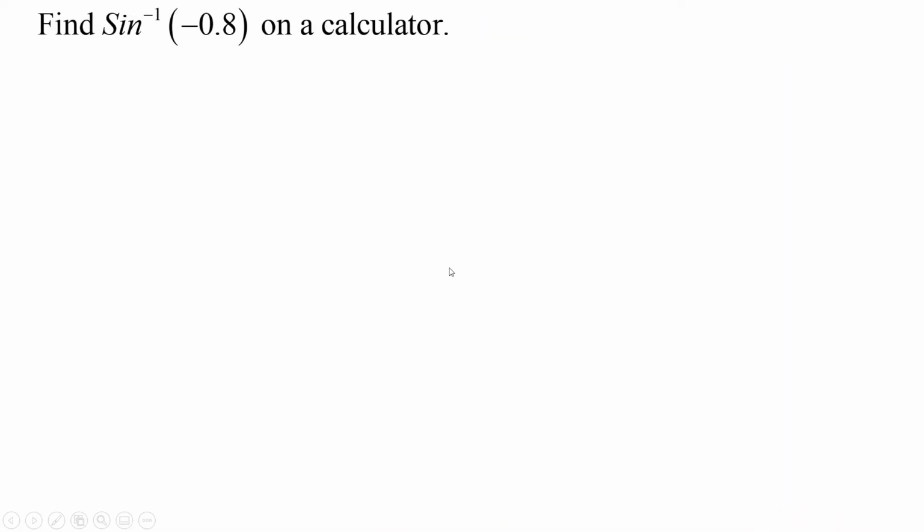So, find inverse sine of negative 0.8 on a calculator. Now, down the road, I'm going to show you how to do this without a calculator. But for right now, we'll stick to our calculator because that's important too. And remember, I can say this, the angle whose sine is negative 0.8 if I would like. Well, let me turn on my calculator.